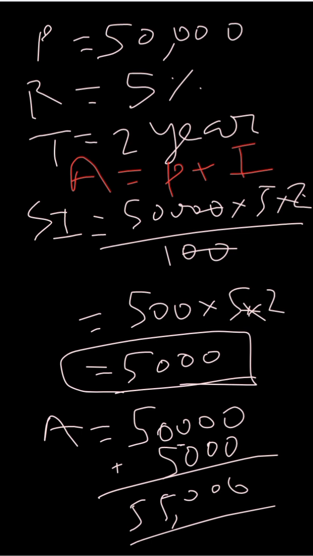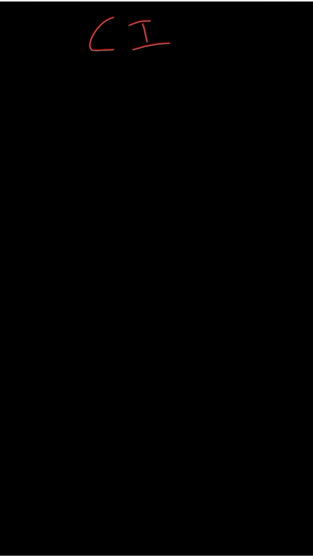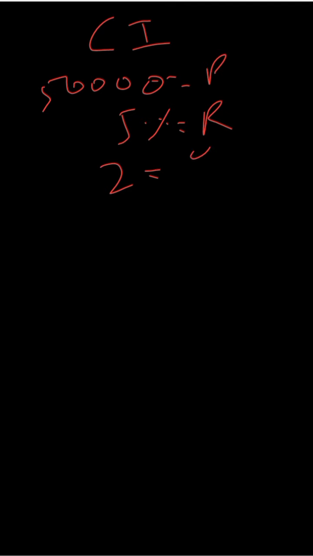What is compound interest? Let us take the same sum. It is for a simple interest, right? Remember the amount 50,500, with 5% and 2 years. Let us take the same: 50,000 rupees as a principal, 5% as a rate of interest, and 2 as a time duration.